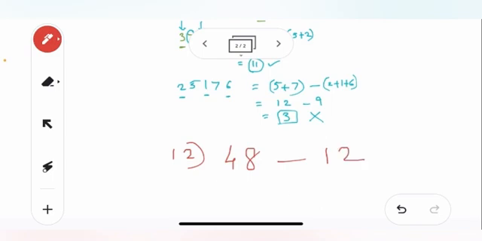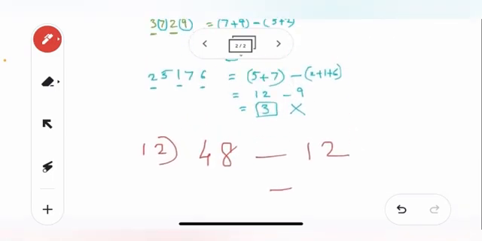It goes in the table of 3, that is 3 sixteens are 48. So it will go in the table of 3 and 4. That means it is divisible by 12.